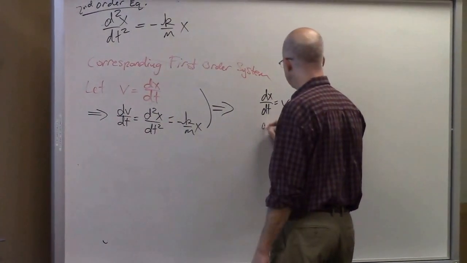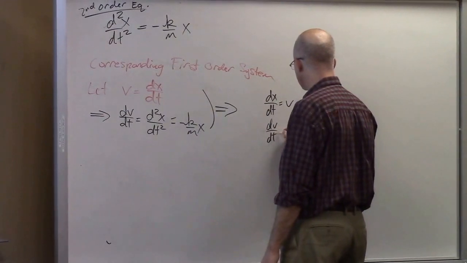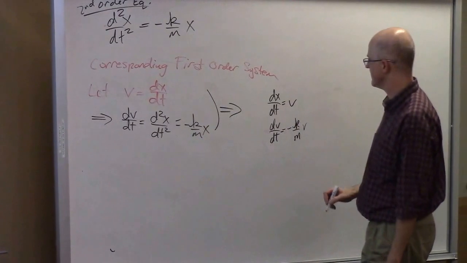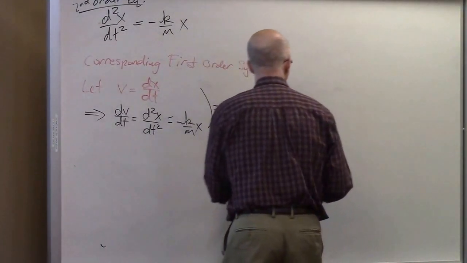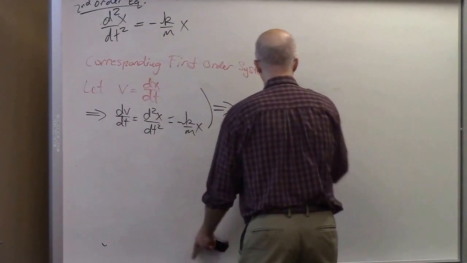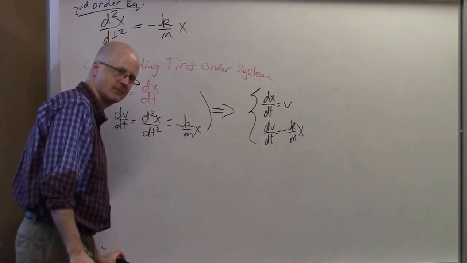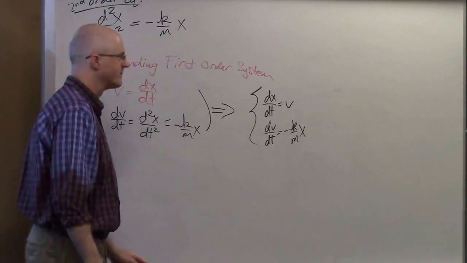And we already have dv/dt on the left side of the second one. We'll just leave it that way. And as is often the case with systems of equations, we put a curly brace there to emphasize that these equations go together.